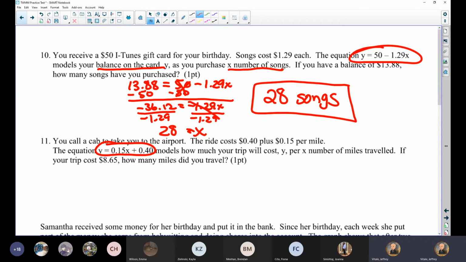So if the trip cost $8.65, how many miles did you travel? Well, we're going to plug $8.65 in for Y, and we're going to solve for X. So the first thing I got to do is subtract 40 cents. And I get $8.25 here.